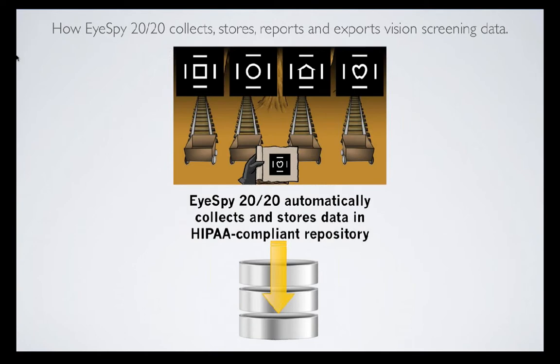There are schools that vision screen young children as young as 18 months and through preschool. We want to make sure that we provide a solution for them as well. And we have schools that have severe special needs children that, yes, can be screened with EyeSpy in special needs mode, but these schools choose to use some objective vision screening technology.